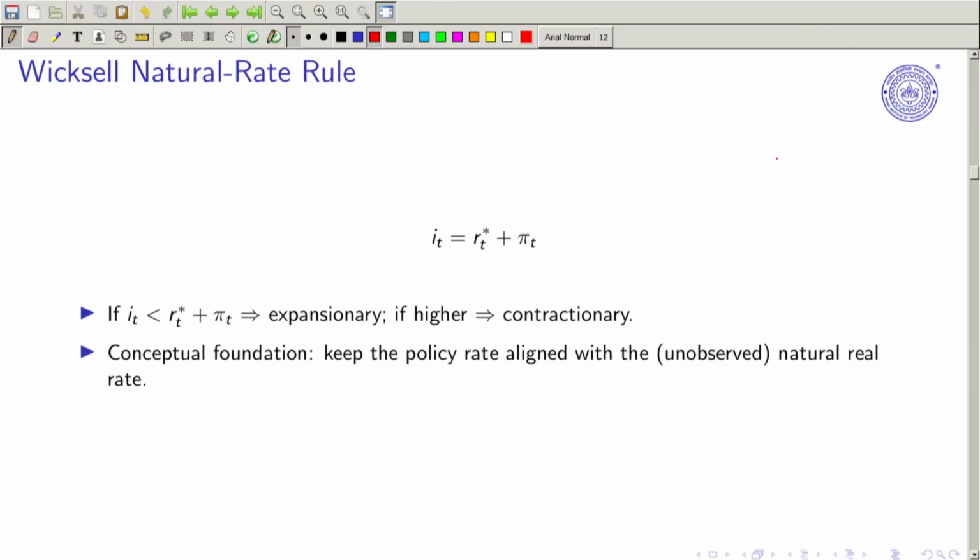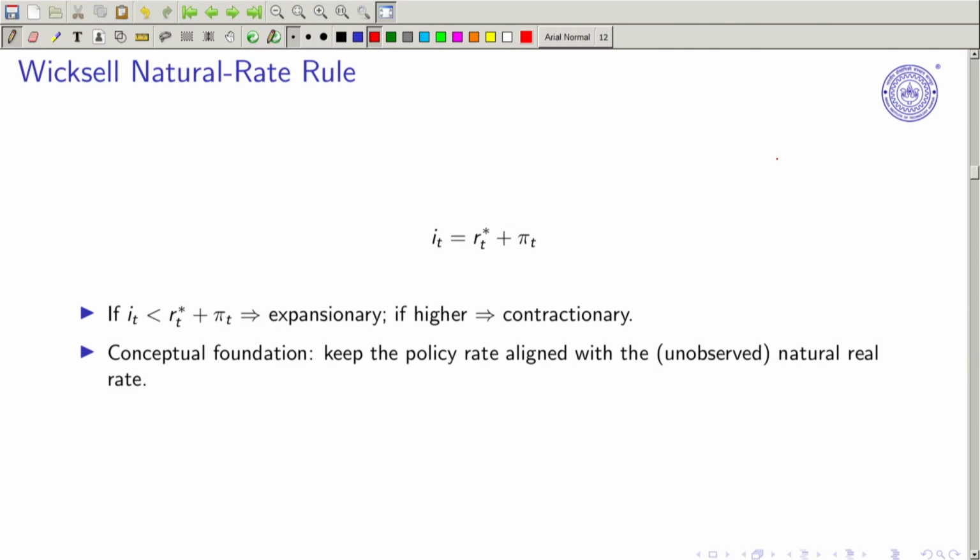What he mentioned is that your nominal interest rate is nothing but the real interest rate plus the current inflation. So this was the idea. And he mentioned that if the nominal interest rate is less than the real interest rate plus inflation, then we will have to go for an expansionary kind of policy, right? And if it is higher, then we'll have to go for contractionary.